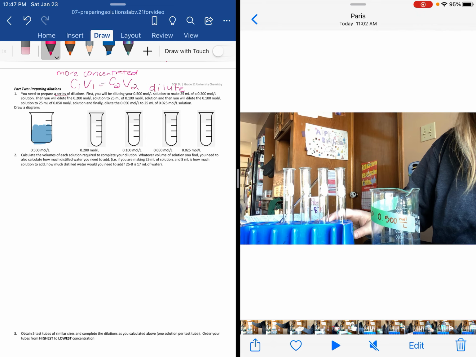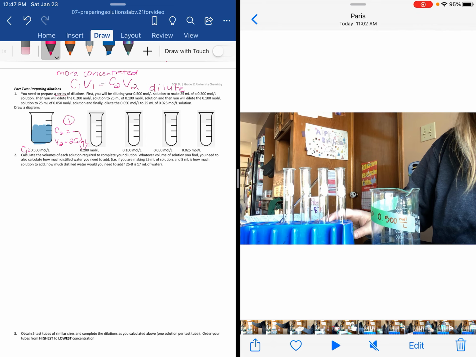First, you will be diluting your 0.5 molar solution. So initially, this is the concentration that's more concentrated to make 25 milliliters of a 0.2 molar solution. So in this first case, in dilution number one, we want our concentration to end up as 0.2, and we want it to be 25 milliliters.